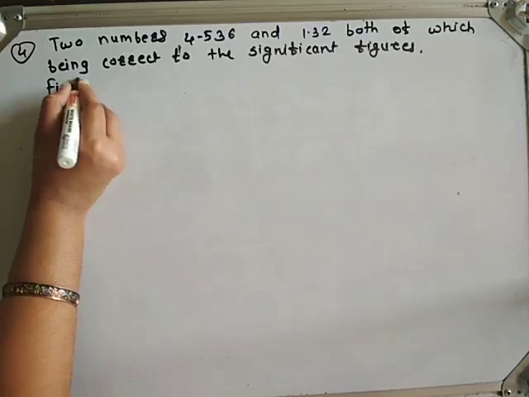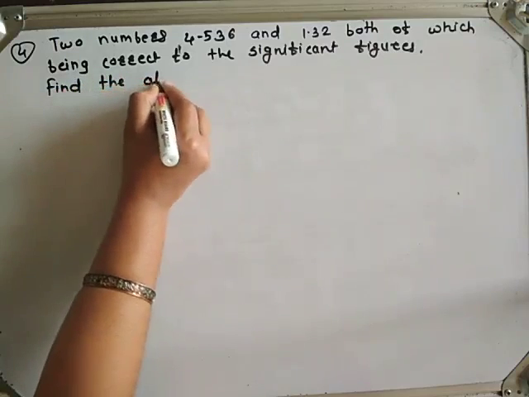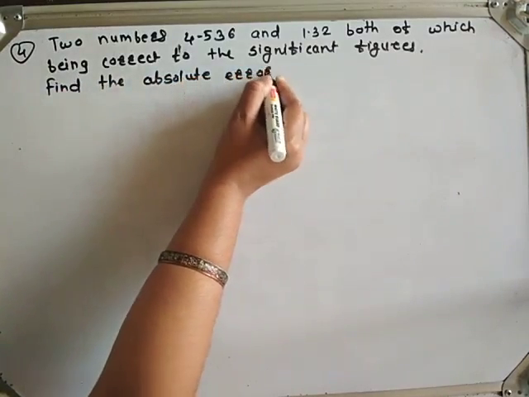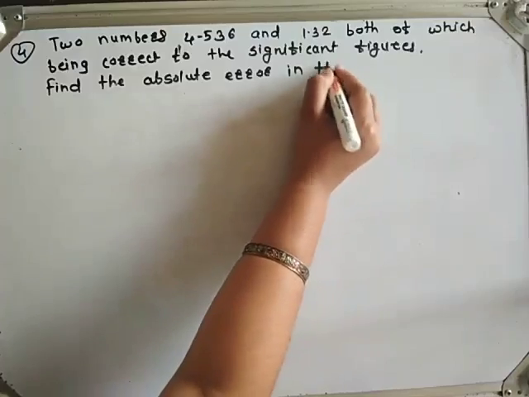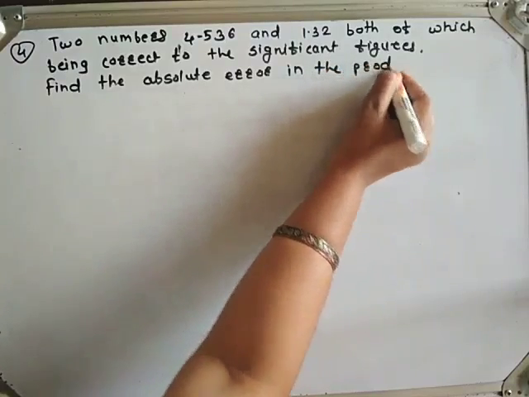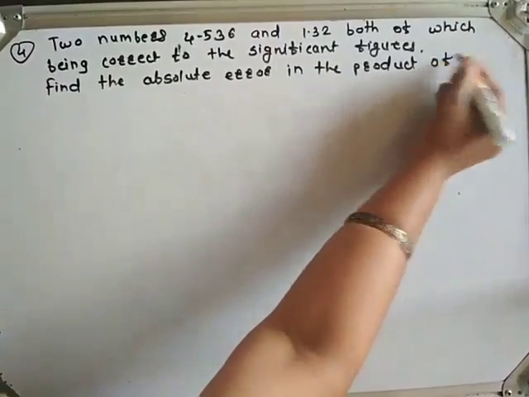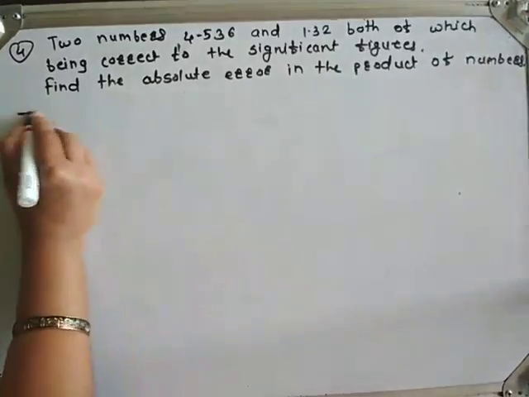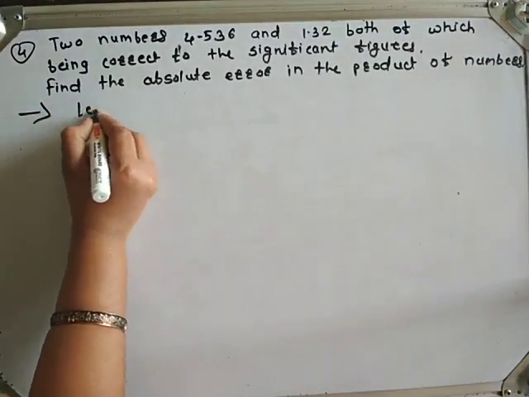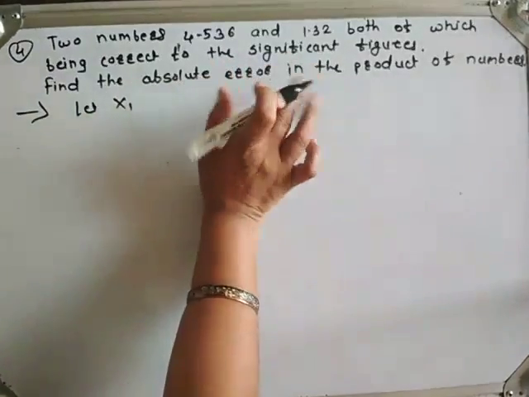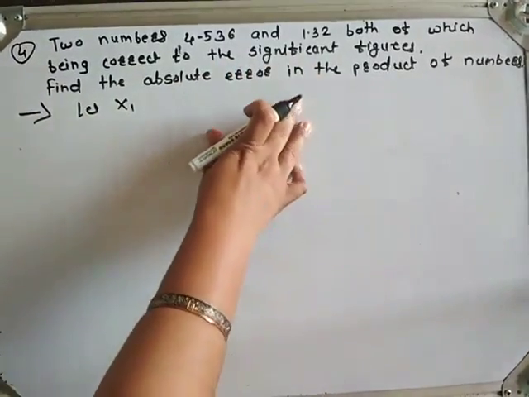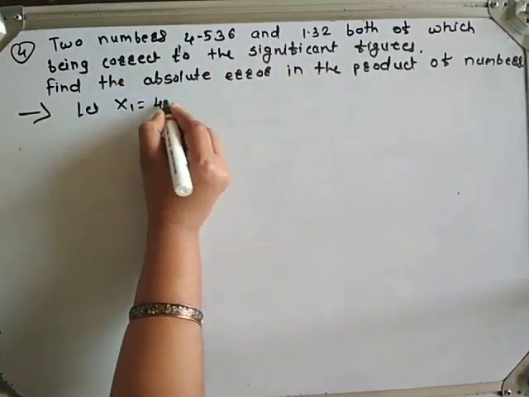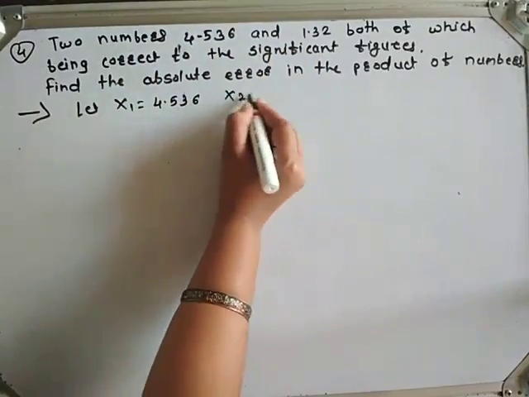Find the absolute error in the product of the numbers. Let's see here, we have been given two numbers and we have to find the absolute error in the product of these numbers. Let x1 equal 4.536 and x2 equal 1.32.